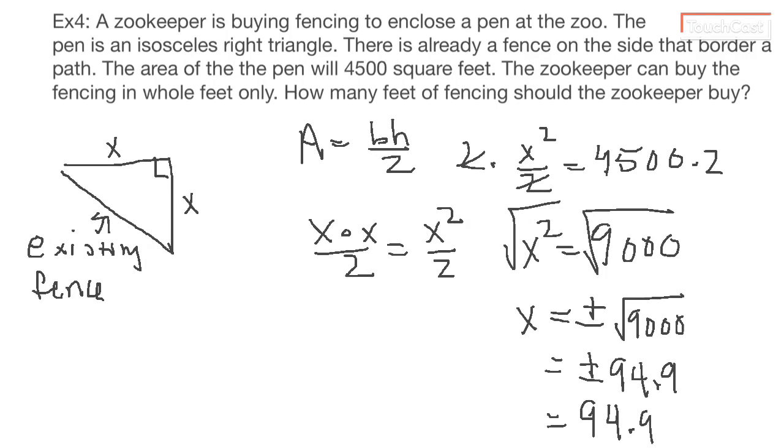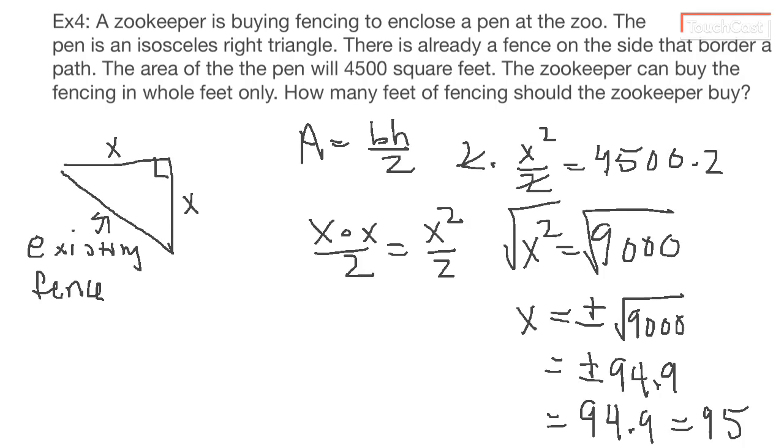So why don't we just round this to 95 for x? That's fine if we have extra fencing. I'd rather have extra fencing than run out of fencing. But that's only going to cover one side of this pen, so we need to double that.